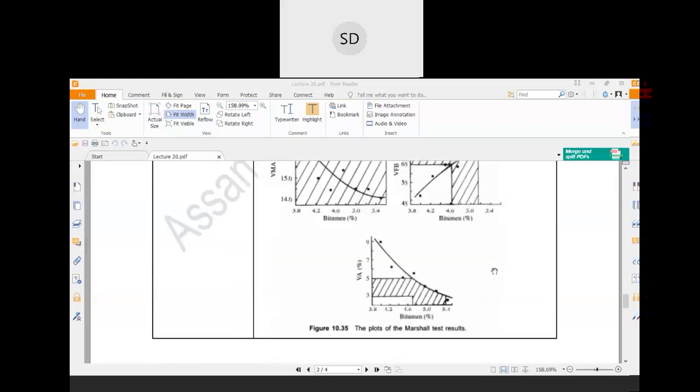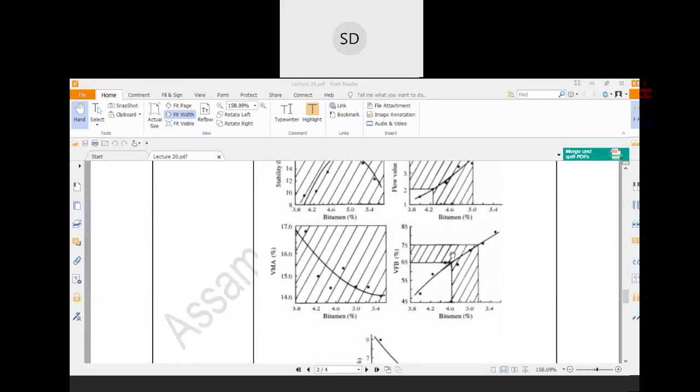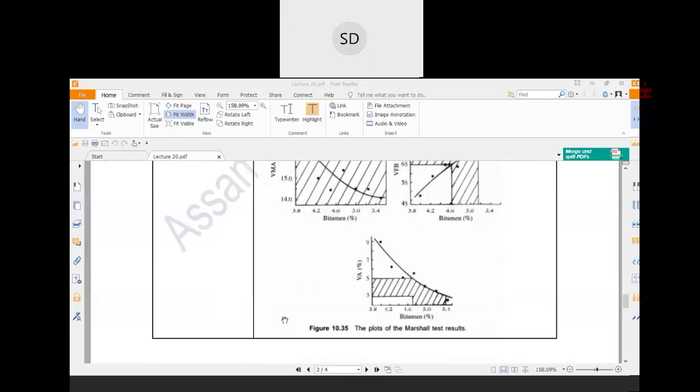Now if you go for the table, you can see that at 4.5%, your VA content is coming around 3 to 5%. And for 5%, that value is coming around 4%, like that.